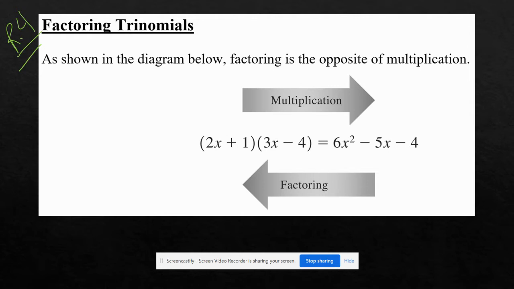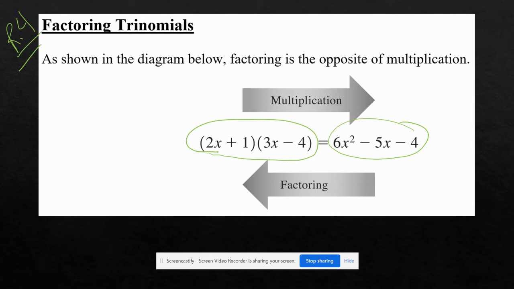This diagram shows you that this on the left is factored form, and this on the right is the polynomial that started it. So if you factor the polynomial, you get what's on the left. If you FOIL, distribute, however you multiply the terms on the left, then you would get the resulting trinomial on the right.